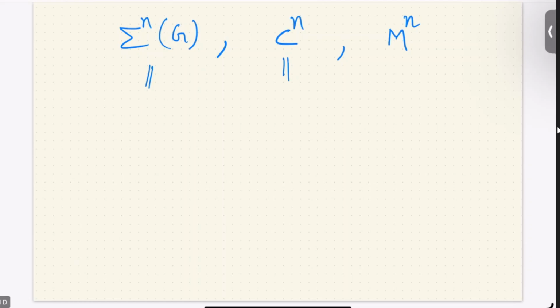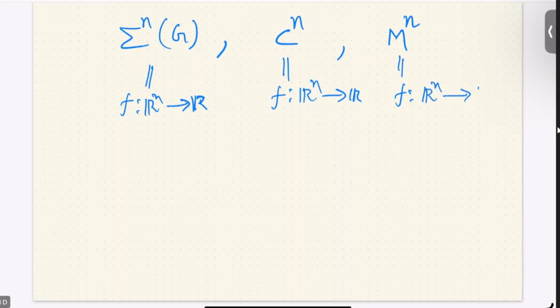This is the set of continuous functions, all continuous functions from Rn to R. This is the set of all neural networks from Rn to R, and this is the set of all measurable functions from Rn to R. Can I write this in between these lines? Some kind of closeness, subset.